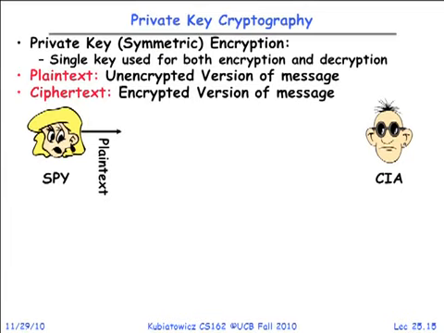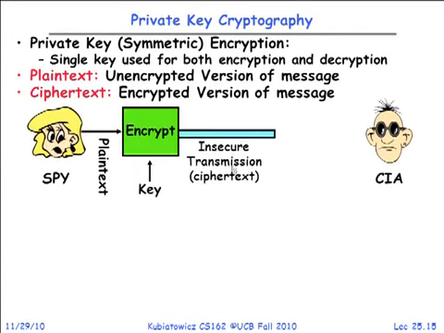That way we can send it over the network, and this network is fully insecure, and that's fine because the ciphertext should not be useful to somebody who just observes it. That's the important part here. Then at the other side, Bob uses the same key to decrypt and now has the plain text. This is why we call this symmetric encryption, because the same key is used at both sides.